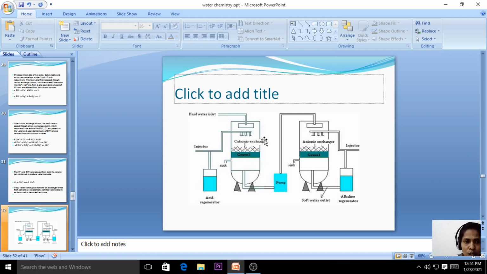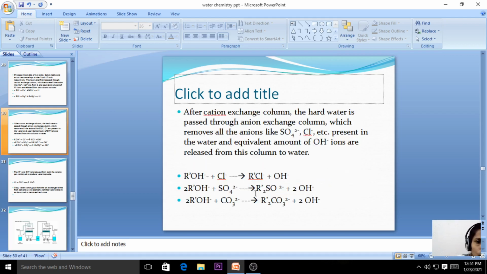RH. So the H+ ions in the cation exchange resin are replaced by the cations in the water sample, the hardness-causing cations. What are the hardness-causing cations? Ca2+ and Mg2+. So the H+ ions are replaced by the Ca2+ and the H+ ions are released into the water sample.